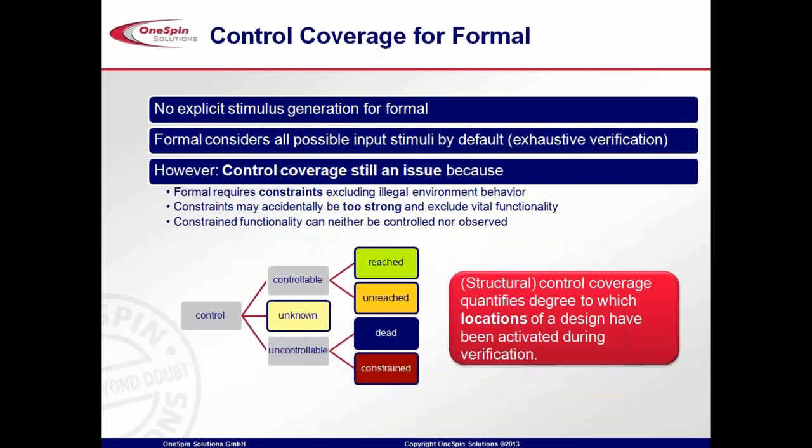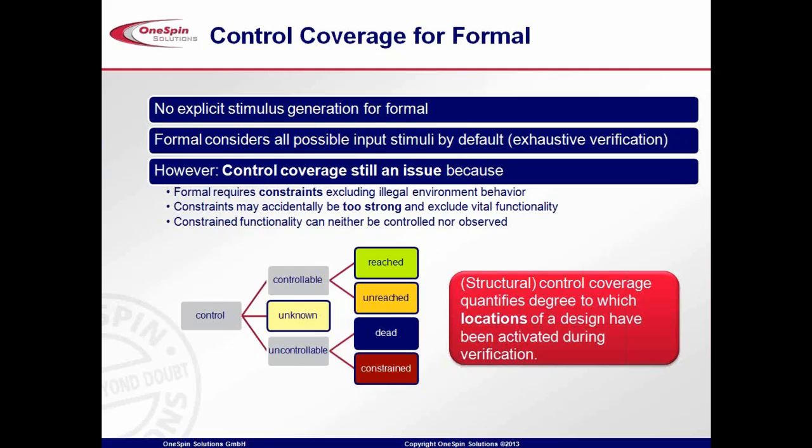Okay, so if we go to the formal world, a little bit more about the control coverage. In formal, your formal engine will take care of generation of your stimuli. So you will have an exhaustive set of stimuli, and then you can ask yourself, why do we need controllability?